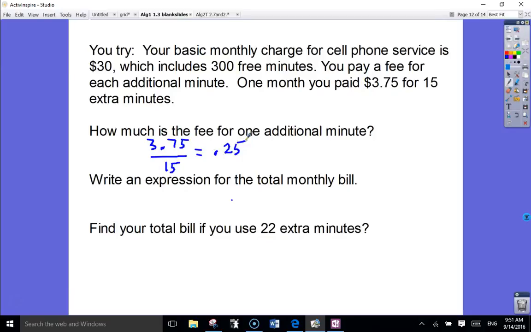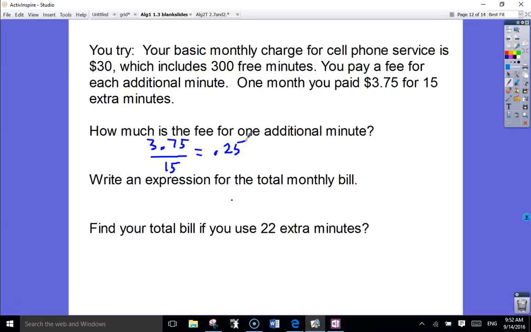Okay, so now write an expression for the total bill. I mean, the total bill depends on, number 1, you've got a monthly charge, right? No matter what. How much is the monthly charge? $30. And then you pay the extra fee for more than 300 minutes. So let's have a variable which is the number of minutes above 300.